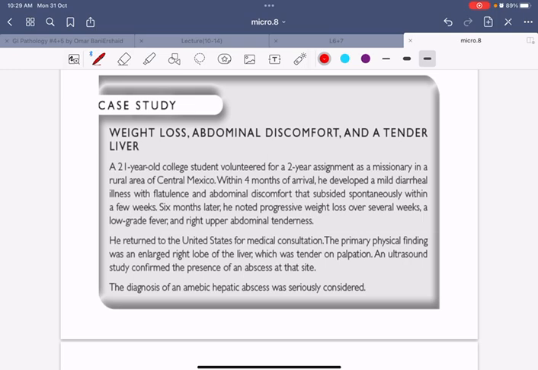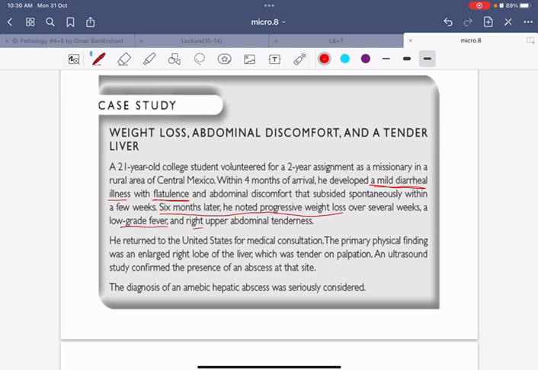You can look at the cases and the questions at the end of each chapter. Within 4 months of arrival, he developed a mild diarrheal illness, flatulence, and abdominal discomfort, which subsided within a few weeks. Later, at 6 months, he started to lose weight and have low-grade fever and right upper abdominal pain.